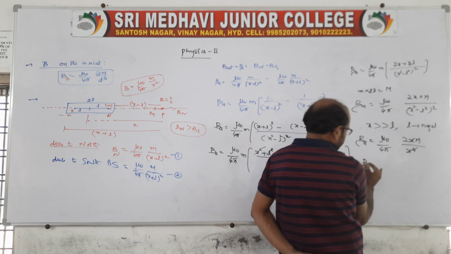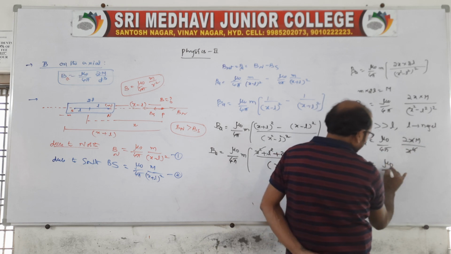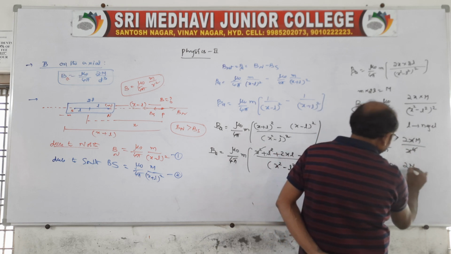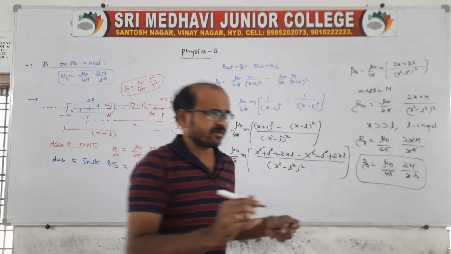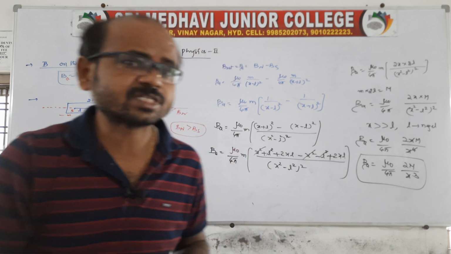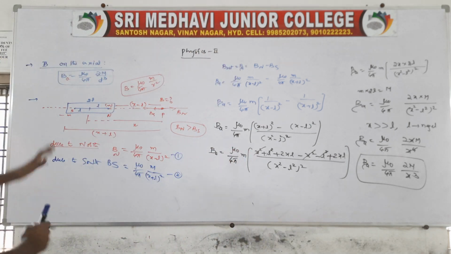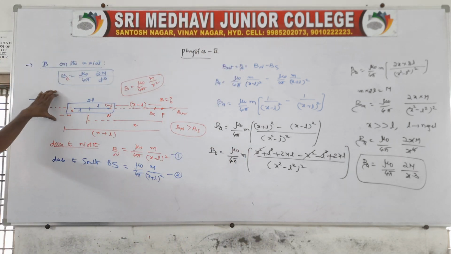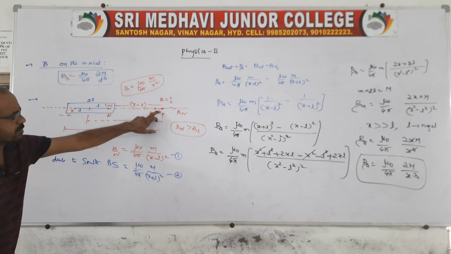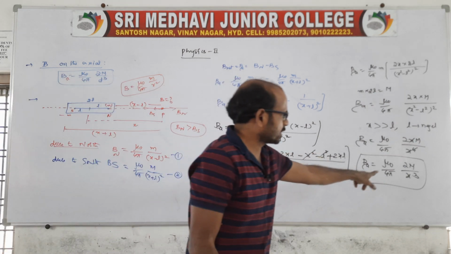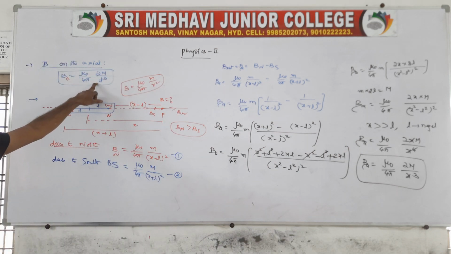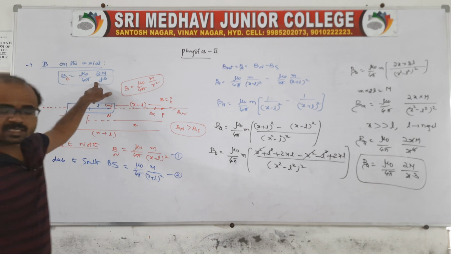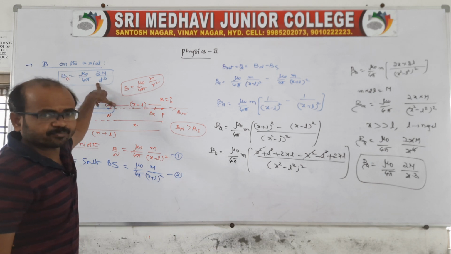So B axial is equal to mu naught by 4 pi into 2M by x cube. We already derived this expression in the previous chapter, moving charges and magnetism also. So on the axial line, the magnetic field induction at a point P will be mu naught by 4 pi into 2M by x cube, or you can say d cube also, no problem. Capital M is nothing but the magnetic dipole moment.